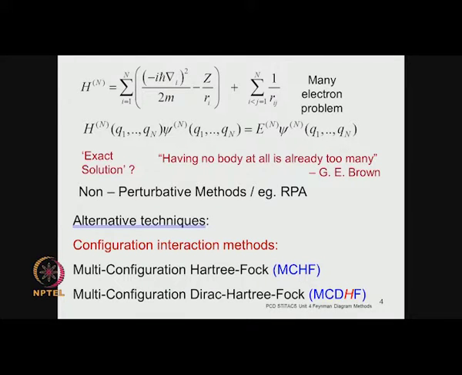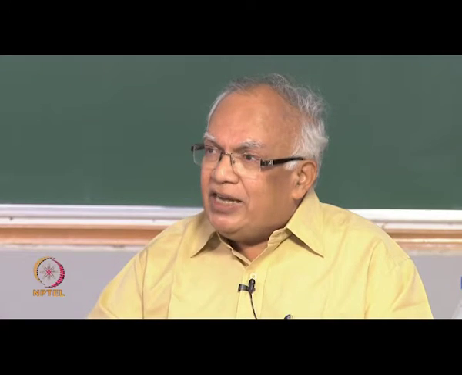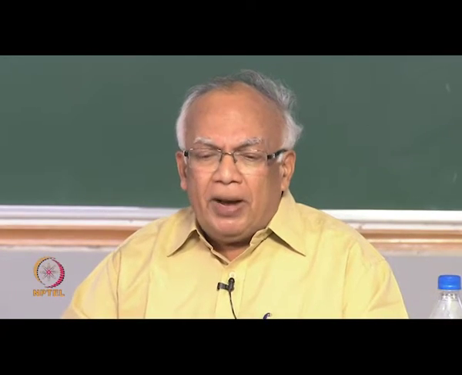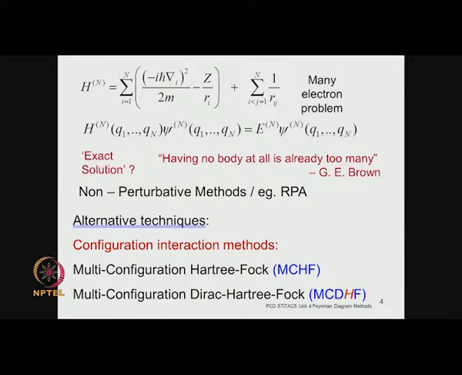The methodology which comes out of this when it is based on the Hartree-Fock is called the multi-configurational Hartree-Fock, but you can have its relativistic analog in which the starting elements which go into the Slater determinant are not the 2 component Hartree-Fock spinor wave functions, but the 4 component Dirac wave functions, the Dirac bispinors as we call them.